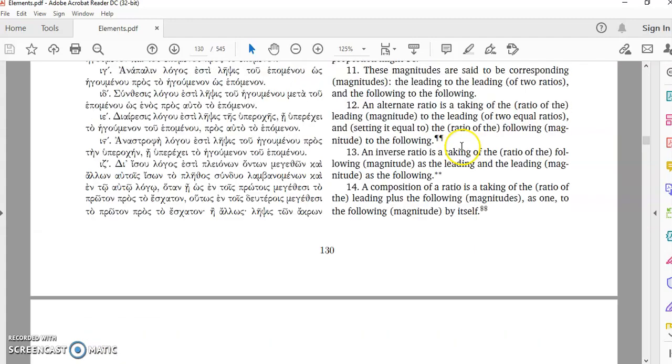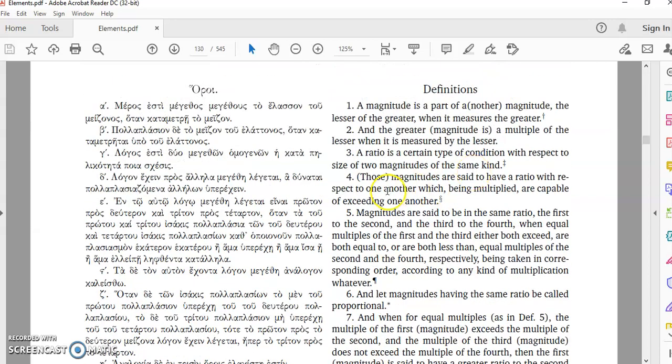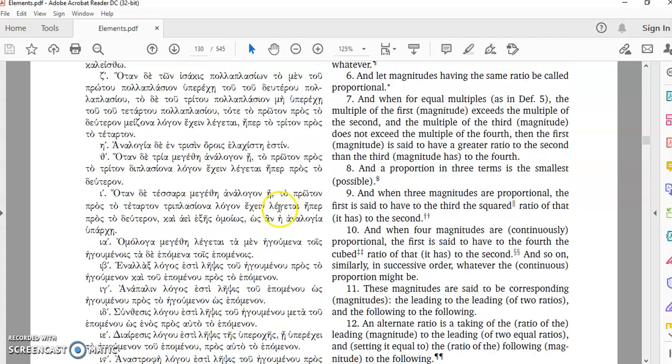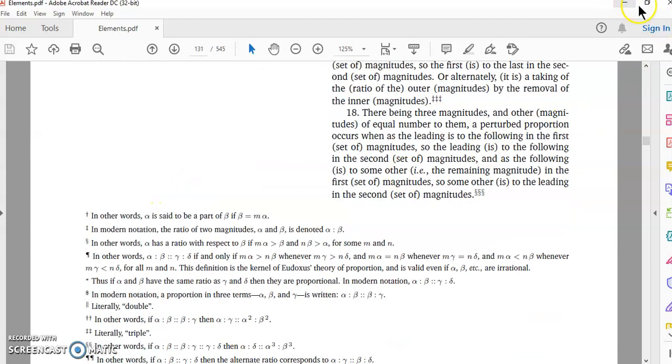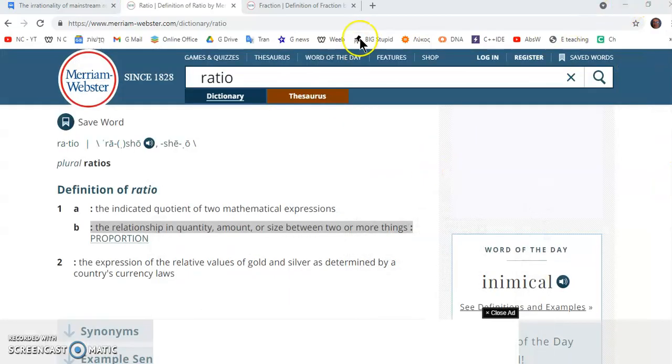And this comes from definition 3, where it says a ratio is a certain type of condition with respect to size of two magnitudes of the same kind, okay? And of course the Greek on the left-hand side here. So I'm not going to read it, but those of you who are Greek will know that it's identical to the English. And so that's what a ratio is, okay?